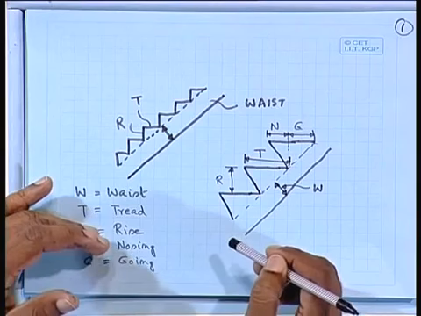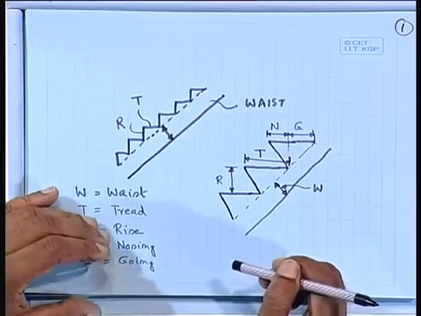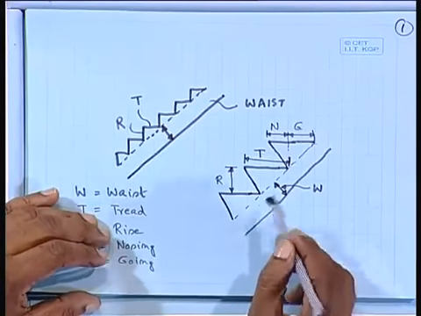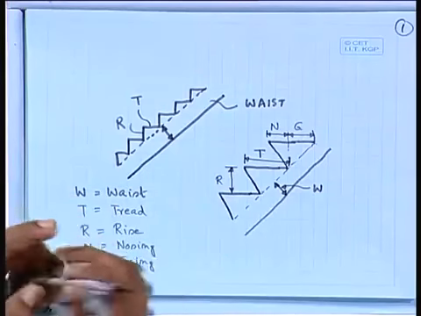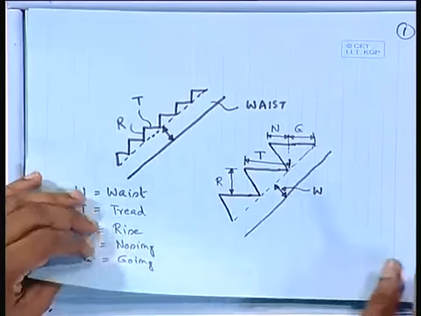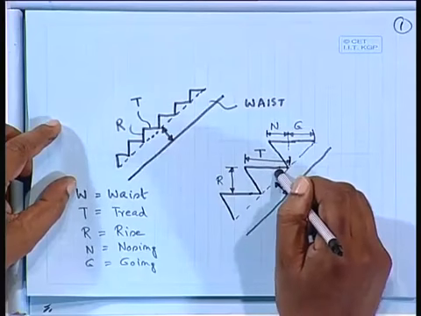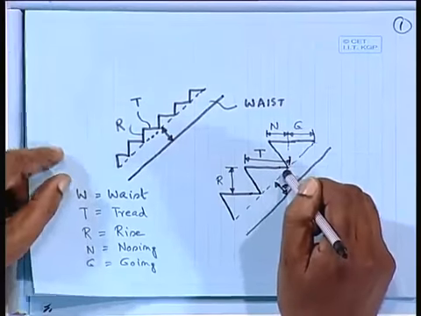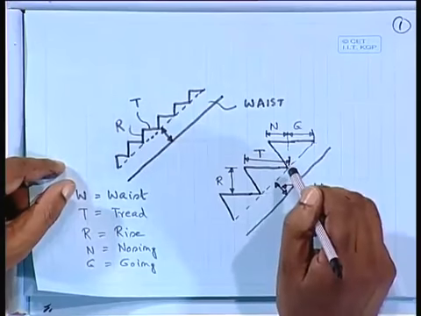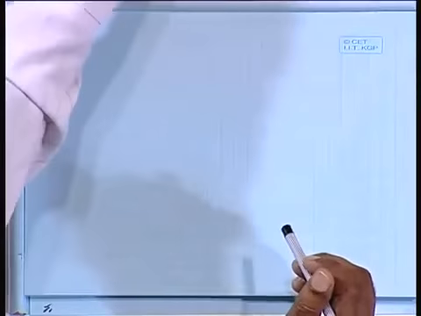Similarly, a staircase also has a frequent chance of being crowded. That is why this load is more compared to the standard load on the rooms. So, the first thing is the dimension of this rise and tread, and the second is the loading. These two things you have to consider in our calculation.